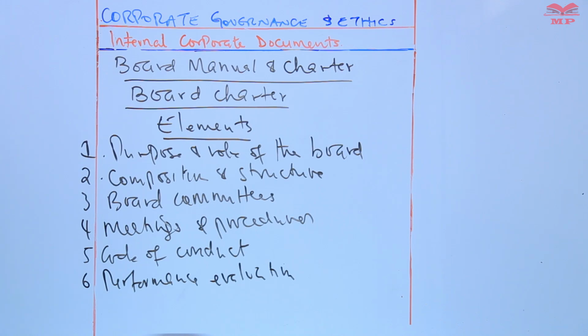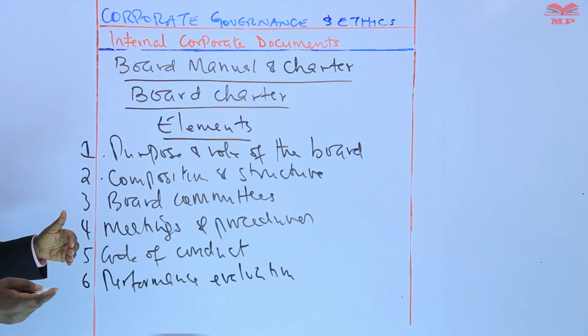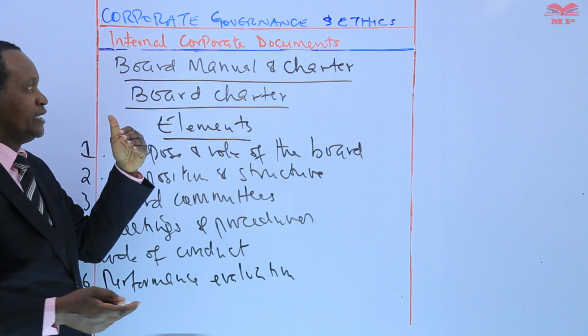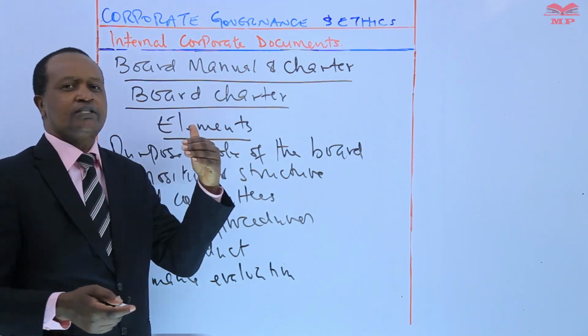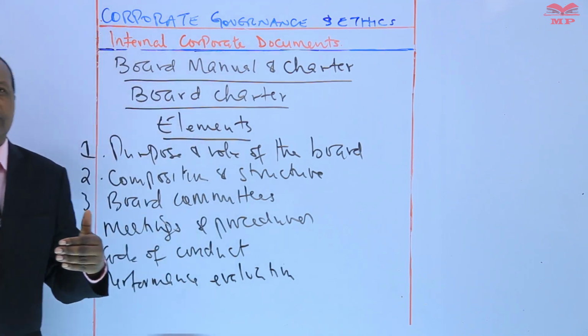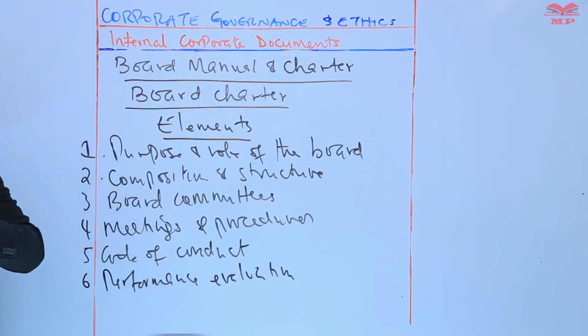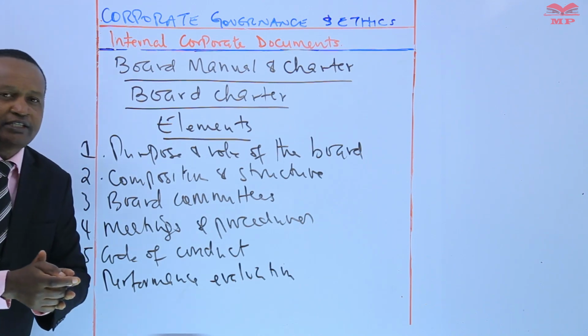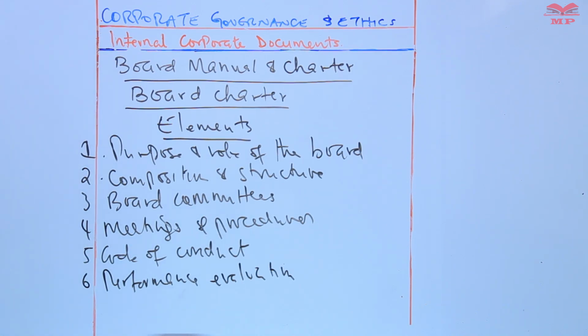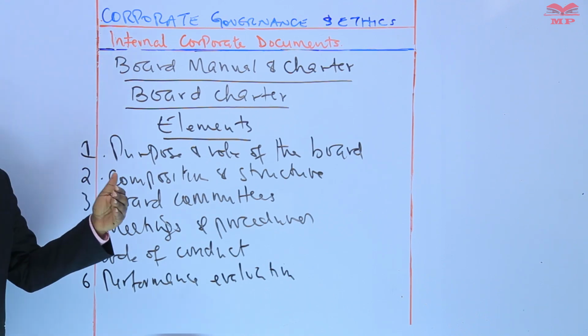So candidates, a board charter, as I've said, is a high-level internal corporate document that outlines the roles, responsibilities, and authorities of the board within the company. It is the framework for the board's operations.